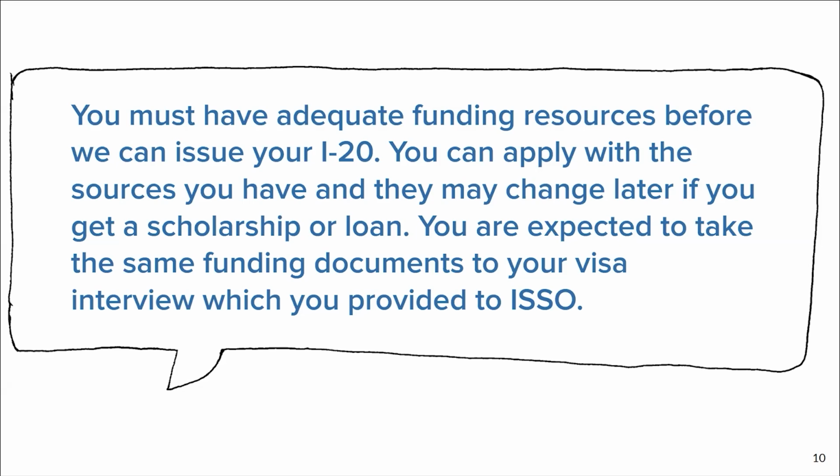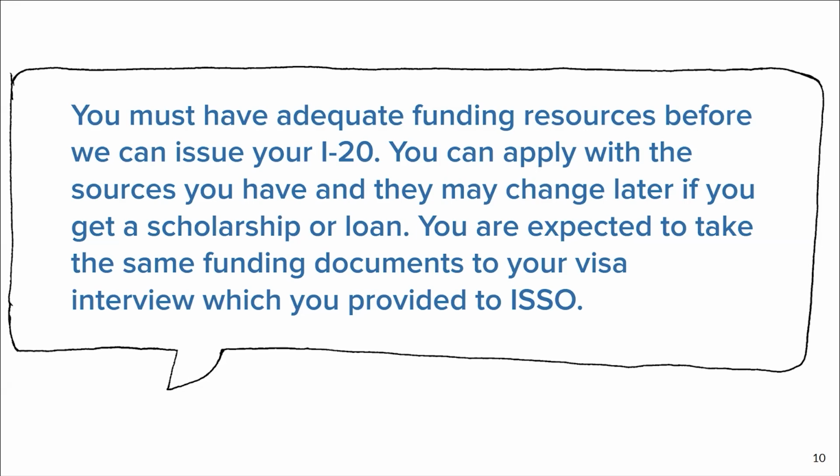Okay, so if you're, for example, waiting for a potential scholarship that you may be using to fund your studies. However, your parents can also fund your studies if that scholarship doesn't go through.